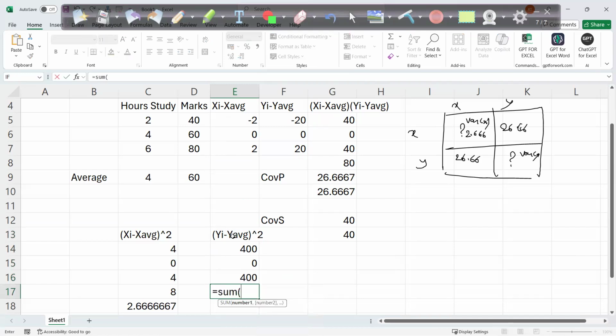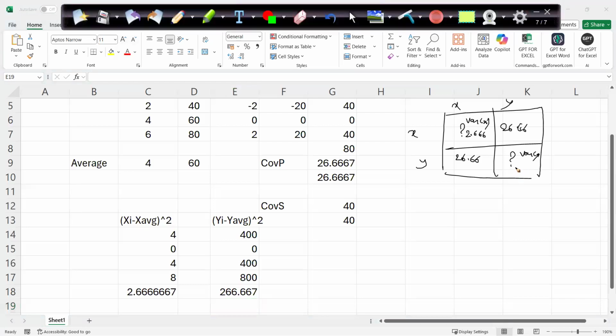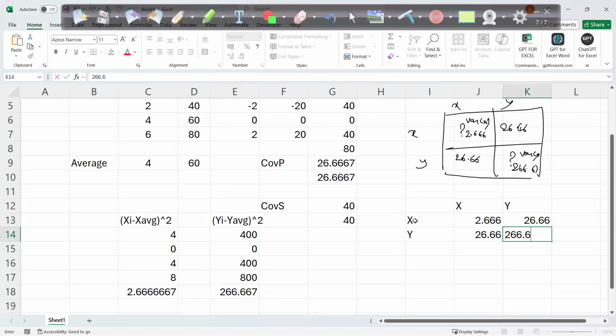Let's sum it up and divide that by 3. 266.67. So what is my final matrix? My final matrix, covariance matrix is what? My covariance matrix is something like this: 2.666, 26.66, 26.66, 266.67, right? This is my covariance matrix.